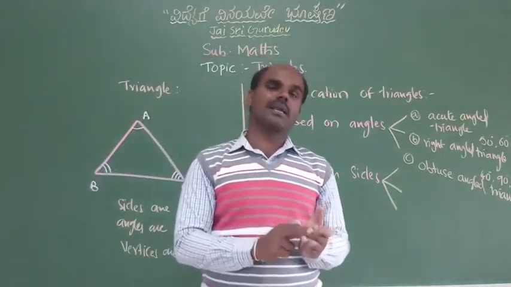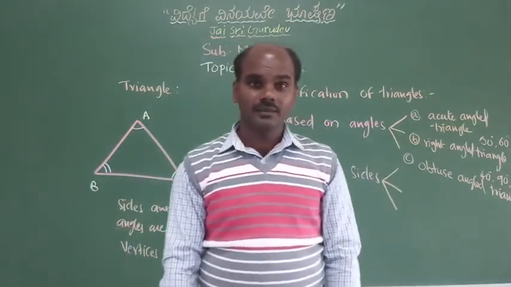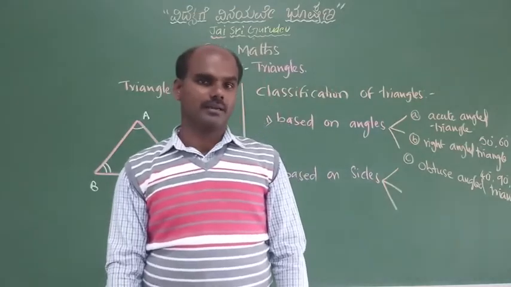When you have such a triangle, it can be called an obtuse angle triangle.